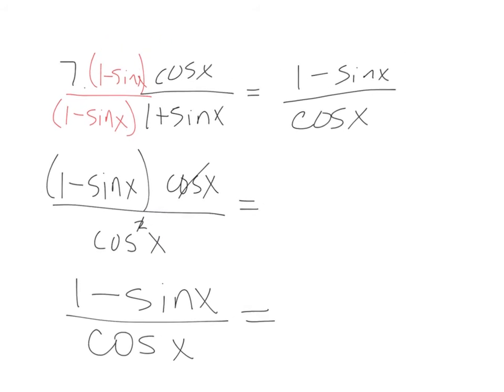If we look at the right-hand side, your first thought, at least my first thought, might be to separate into 1 over cosine minus sine over cosine, separate into fractions, but we want one whole fraction here.